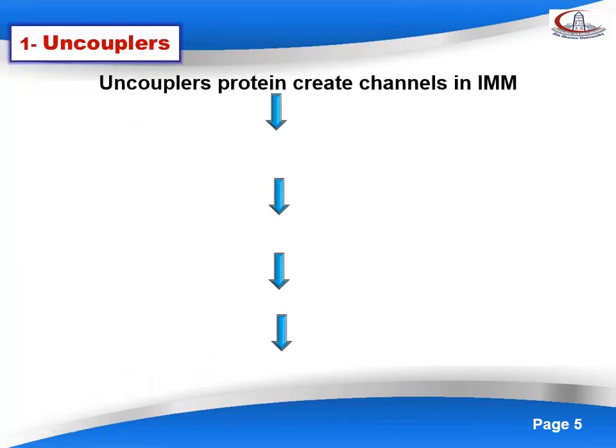Starting with uncouplers. What is meant by an uncoupler? Uncoupler proteins create channels in the inner mitochondrial membrane. Let me remind you: as oxidation passes along the respiratory chain, protons are pumped to the inner mitochondrial space.